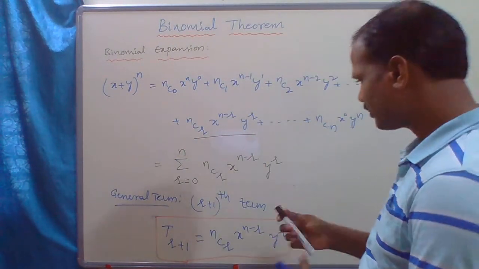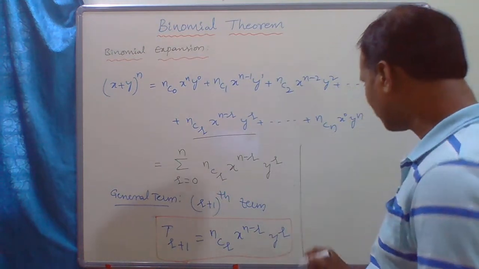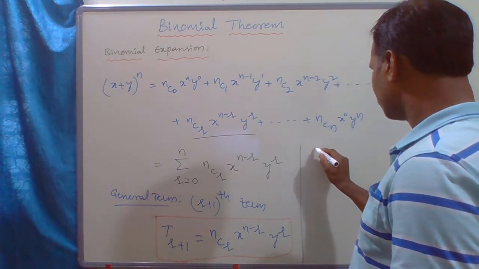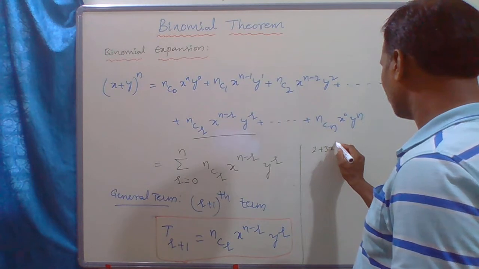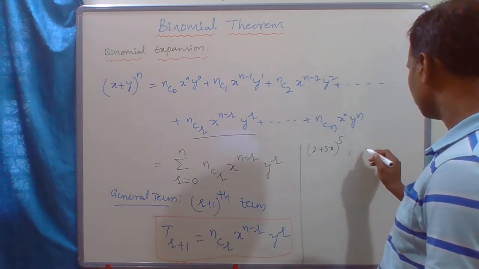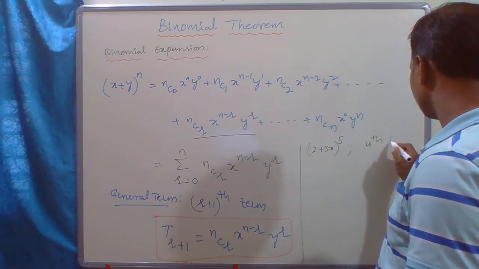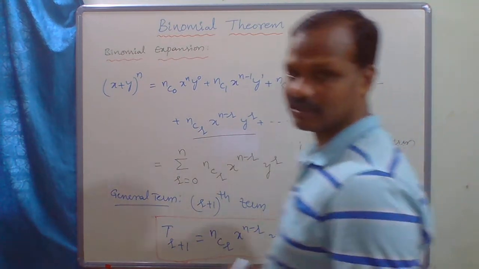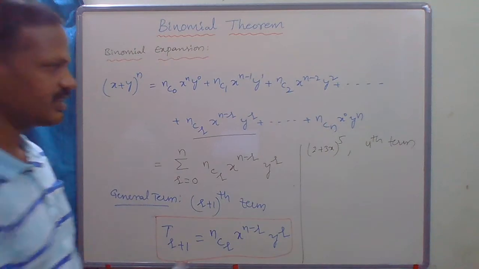Now suppose one problem is given like this: (2 + 3x) whole power 5. Find the fourth term in this expansion.